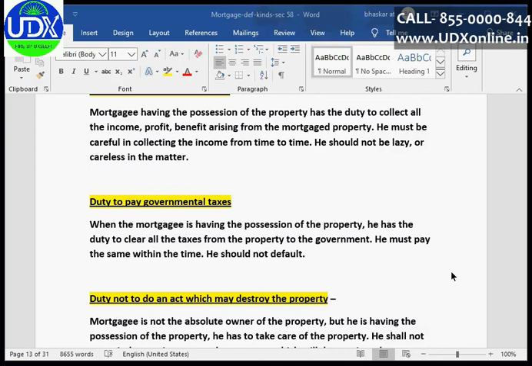But in some mortgages, the mortgagor is going to give the possession of the property to the mortgagee, and a duty is imposed on the mortgagee so that he has to clear the taxes.